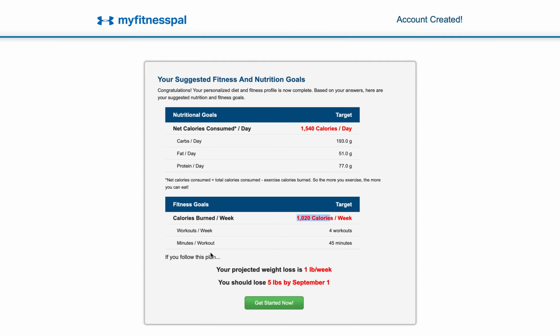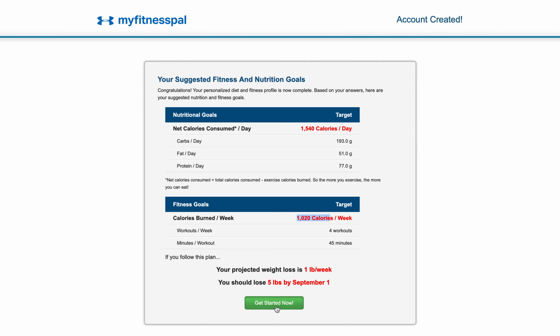So if I follow this plan at 1 pound of weight loss per week, I should lose my 5 pounds by September 1st, which is just a meager 5 weeks away. It always sounds that easy. So we're going to click to get started now.